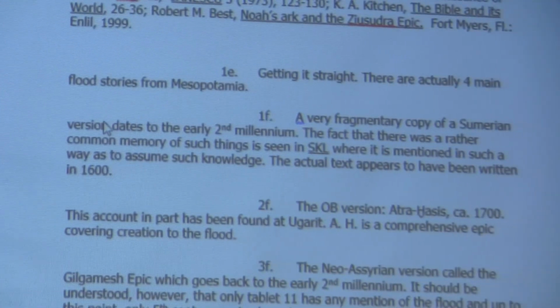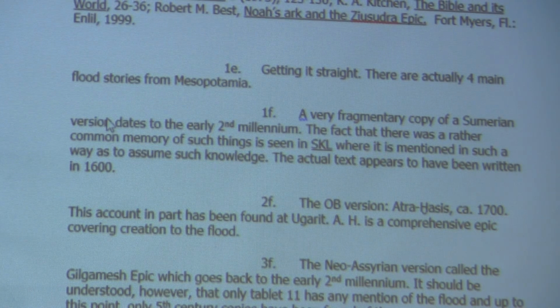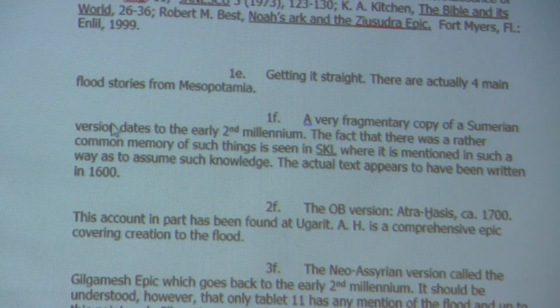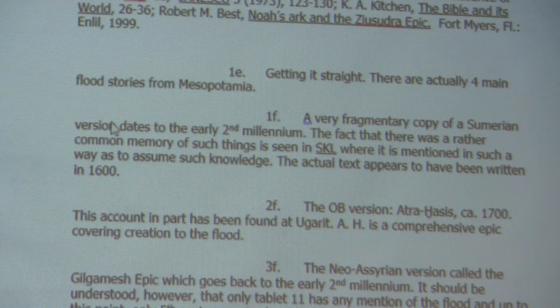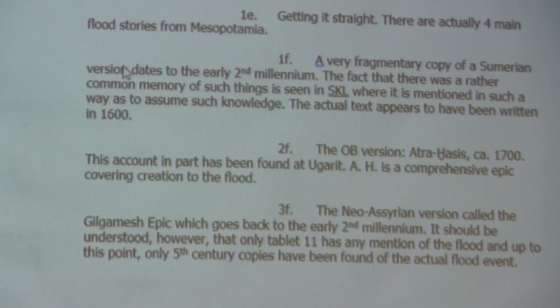The tablet is so small you can hold it in your hand, and it describes a flood account in Sumerian language. There is an old Babylonian version known by the name Artaxerxes. This account has been found not only in Mesopotamia but at Ugarit. It is a comprehensive epic covering creation to the flood, the Artaxerxes account.